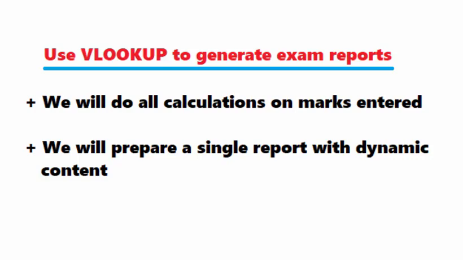You could be having classes of 50 students, 60 or 80, and you want to have a simple report template where you can search the admission number of a student, then information related to that specific student is shown with the overall grade and everything. Only one person at a time. If you want to search student number 50, you just type the admission number and you get that specific information about that student. It is very easy to do that using VLOOKUP.